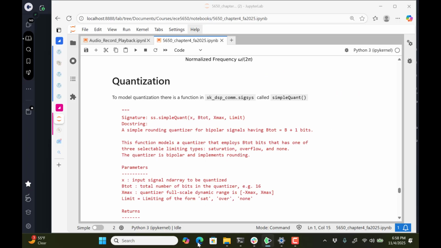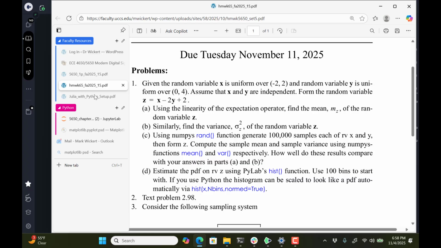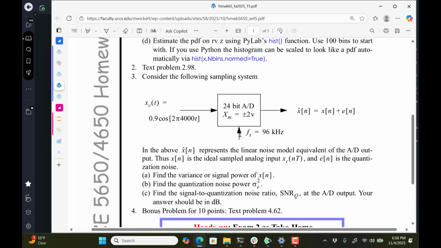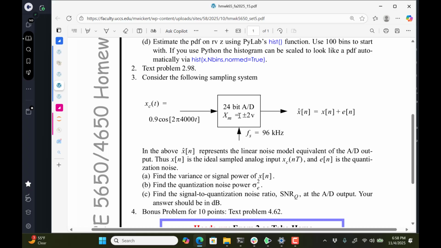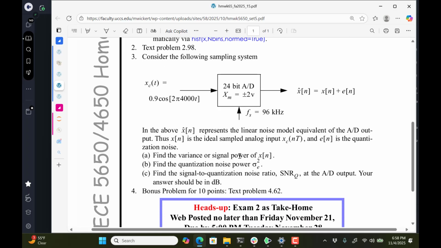So in problem number 3, this is all built around the model that we're studying right now. It's telling you x max is plus and minus 2 volts, and our input is at 0.9 volts. And we have to form the terms: quantization noise power, the signal power, and I'll just throw this up here right now since we're probably going to run out of time. 1/2 a squared, that's the power of a sinusoid, right?